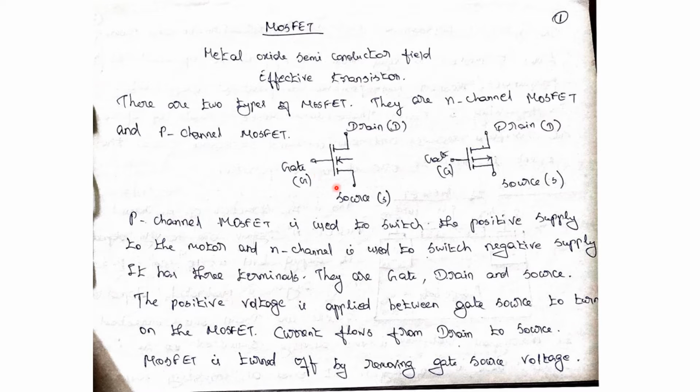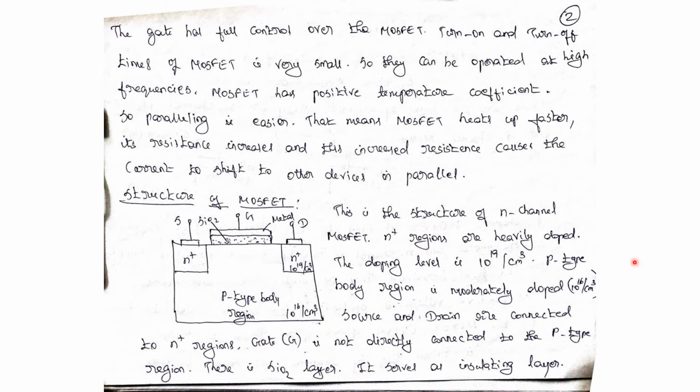When we remove the gate source drive, the current will stop. Actually, the gate has full control over the MOSFET.